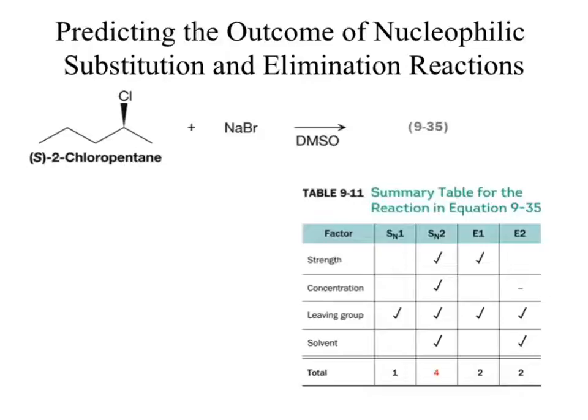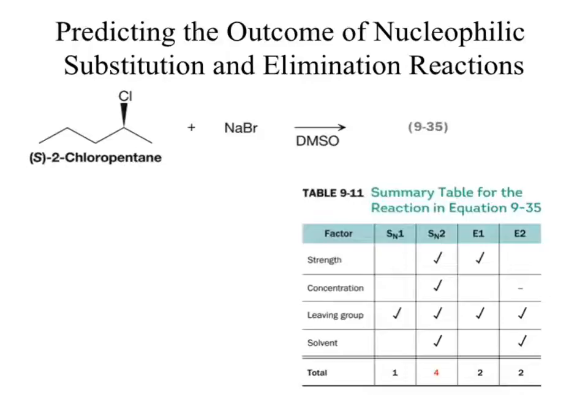Concentration: think back to all of the reactions you've done. Where did it specify the concentration? It doesn't. What they're trying to get out of concentration is strength, so they're pretty much duplicating themselves. Leaving group, yes, they included it, but look at how useful that was. Every single one of the mechanisms needs a leaving group. Solvent, we can look at the solvent to predict between these.